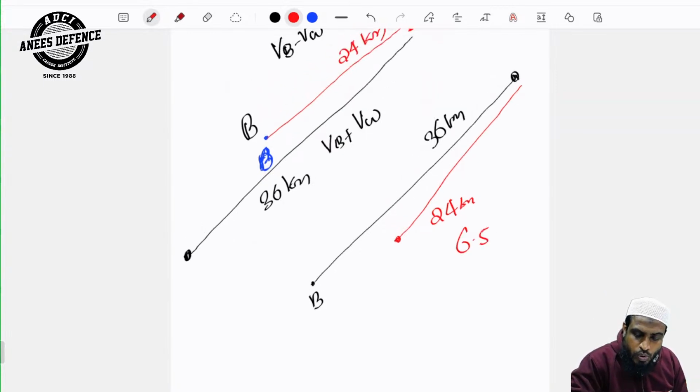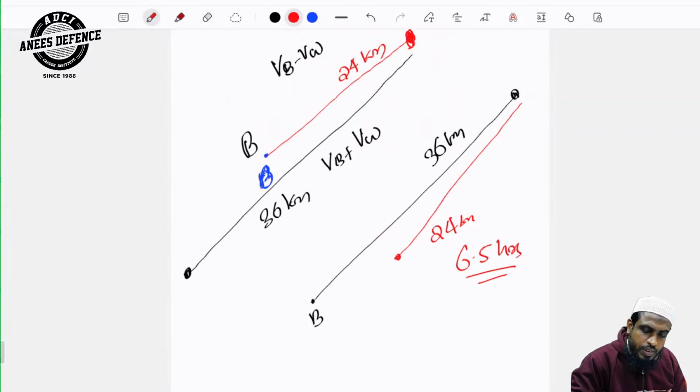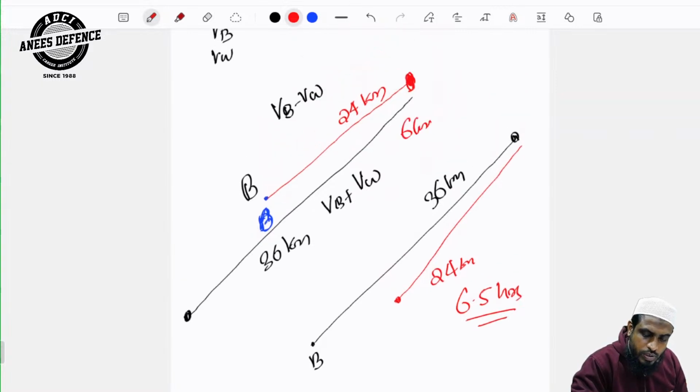Here 6.5 hours it will take, and here 6 hours it will take. So you have to calculate the velocity of the current in both directions, upstream and downstream.